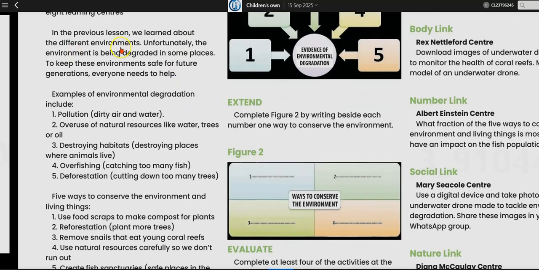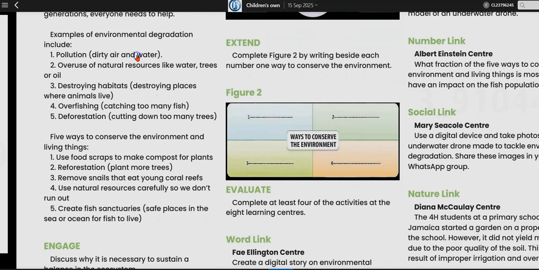In the previous lesson, we learned about the different environments. Unfortunately, the environment is being degraded in some places. To keep these environments safe for future generations, everyone needs to help. Examples of environmental degradation include: 1. Pollution, such as dirty air and water. 2.